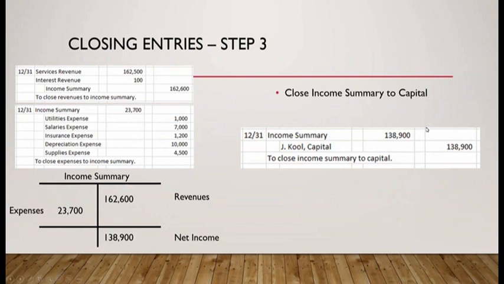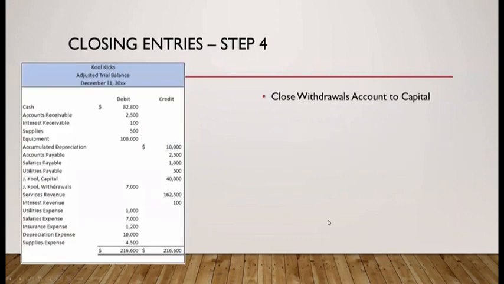This amount, again, is net income. All we're doing is taking the difference between our credit to income summary and our debit to income summary. Revenues minus expenses. That's how we get that amount. Now, once we do this, income summary is gone. It has a 0 balance. And we can move on to step 4 of the closing process.